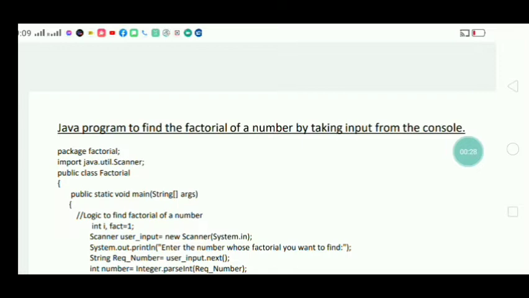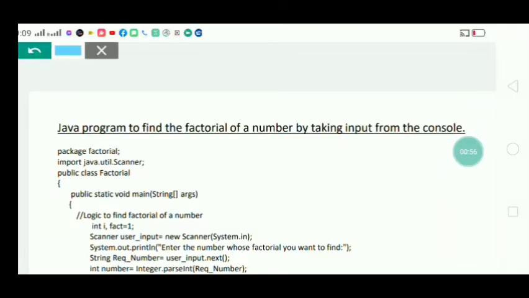So to make it interactive, we have to use the pre-built Scanner class, which is already available in the java.util package that we have to import from our Java library.